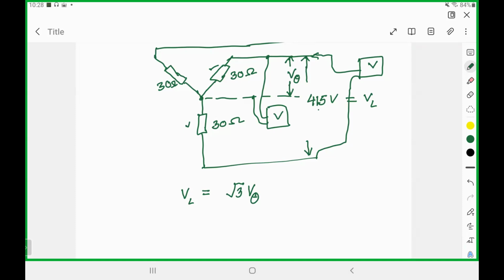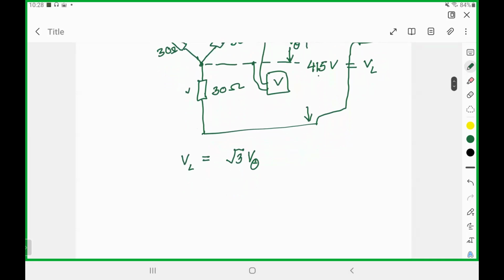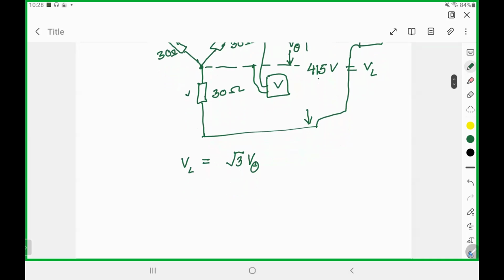Okay, we can do the derivation, but we are not interested in doing that. But if you are interested, you can come to me, then I can show you how to do that. So I know the line voltage, so I need to find out the phase voltage. So phase voltage will be VL divided by square root 3.